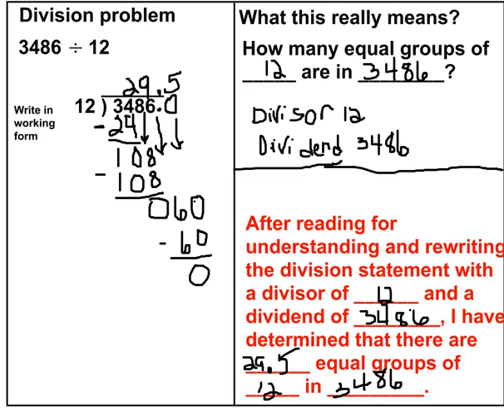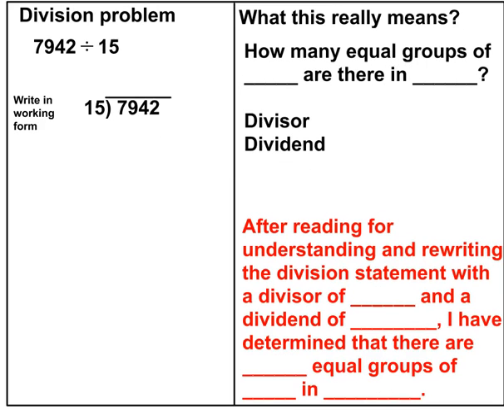Okay, now that was our structured practice, working together using our restatement and using the sentence frame to report on what our answer was. So now, here is the next problem. I want you to write this in your notes, and write the restatement in your notes.